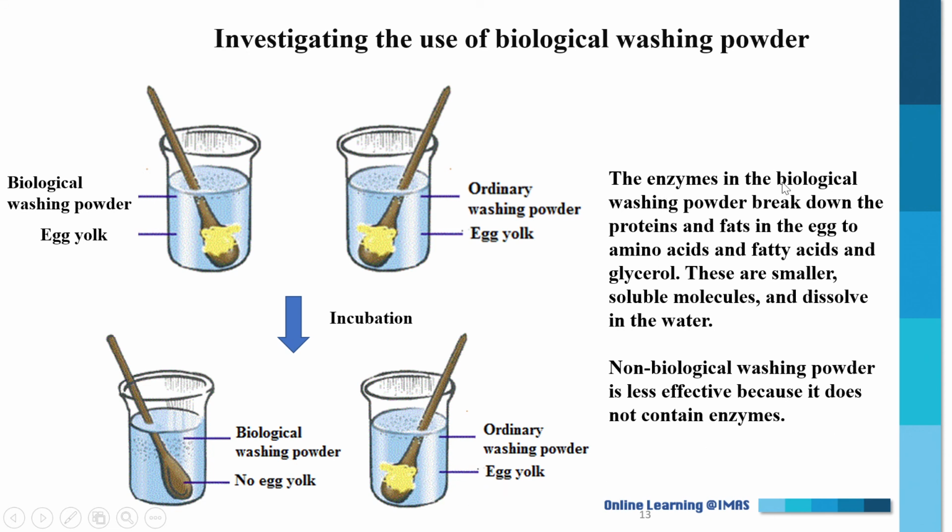So the enzymes in the biological washing powder break down the proteins and fats in the egg into amino acids, fatty acids and glycerol. They are smaller soluble molecules and dissolve in the water. The ordinary washing powder is less effective because it does not contain any enzyme. Okay, so I will stop here.